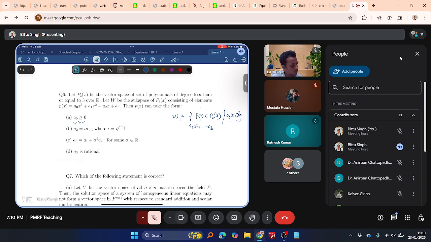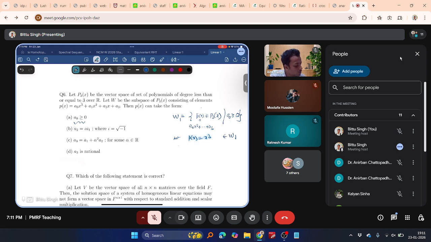So we can see that, let us take a0 equal to 1. Let us consider this particular example. Let p(x) equal x cubed. Then it is clear that this polynomial belongs to W1, right?